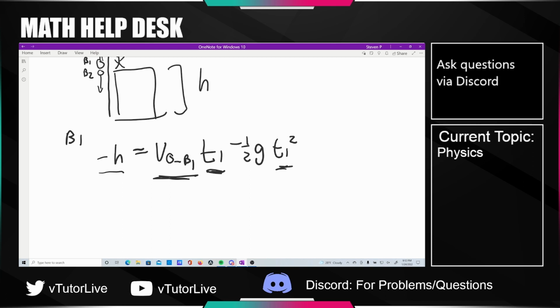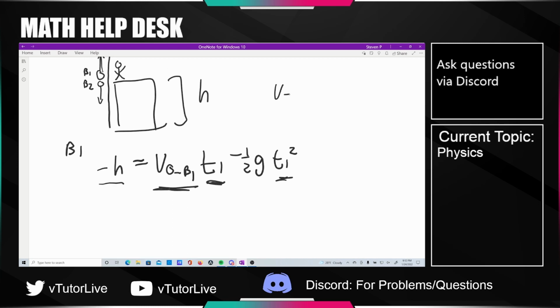We're not too interested in the other equations like vf squared minus v naught squared equals 2ax. Some of this seems reasonable, but we're not terribly interested in vf for what we're being asked to do.